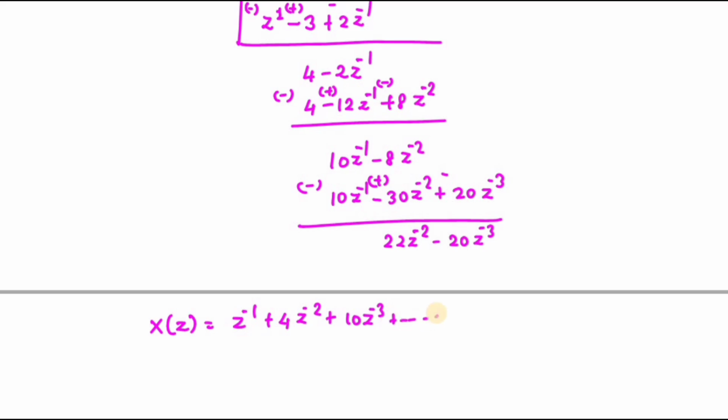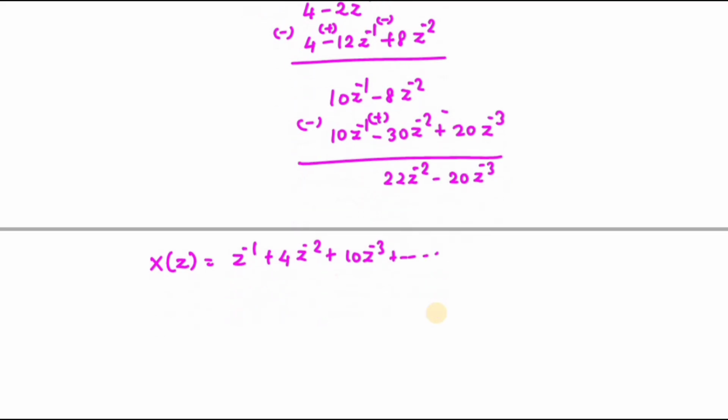So now I can write the answer. What is my x(n) value? x(n) is equal to 0 because there is no constant, right? So 1 into z power minus 1 here. So this is my x(0) value.